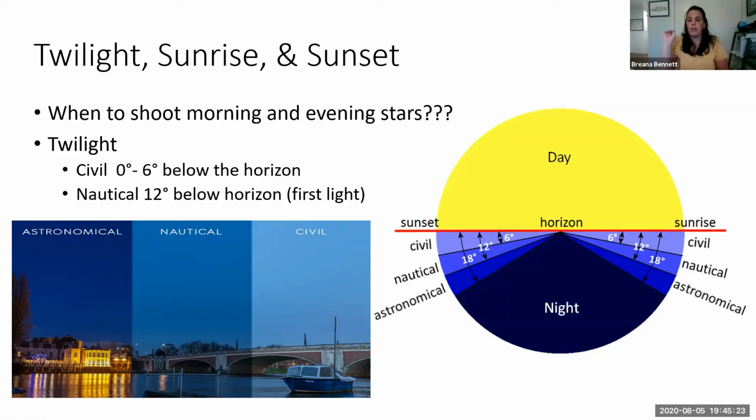If it's sunset, you're not going to see any stars, right? It's all daylight. And then when the sun starts setting, it's going to pass sunset. The sun is going to set, and during the civil twilight we're going to start seeing stars. And then nautical twilight, it's a little bit darker. The sun is more past the horizon, and we're going to see more stars.